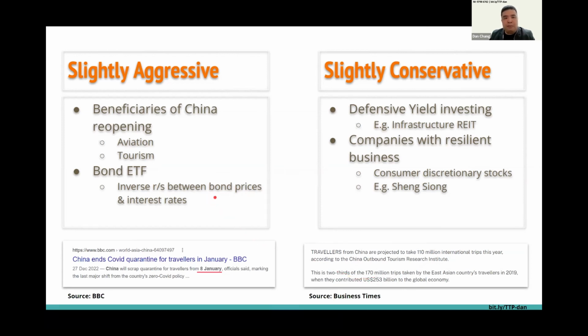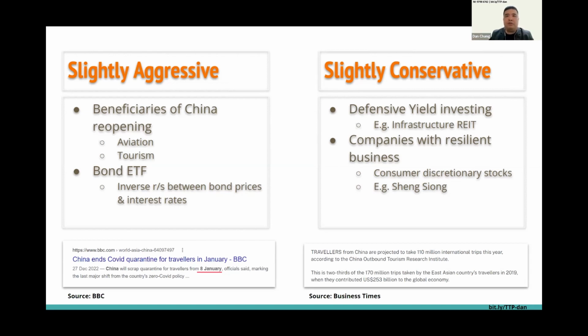In Singapore specifically, where we do a top-down approach, a few sectors will tend to benefit from this China reopening. Obviously one of them is aviation. In Singapore we have SIA. SIA has a very complete network, and they fly in and out of China very frequently to a lot of parts of China.